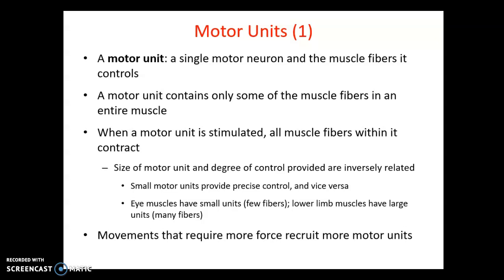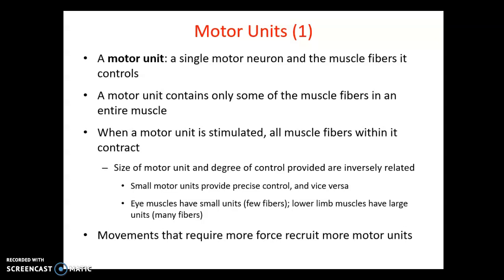Movements that require more force recruit more motor units. When one motor unit is at its capacity, it will ask neighboring motor units to come on board to try and lift something up. For example, when you try to lift a weight, you're able to grab onto it and hold it, but when you actually try to lift it, other muscles start getting involved so you can lift it all the way up off the ground.